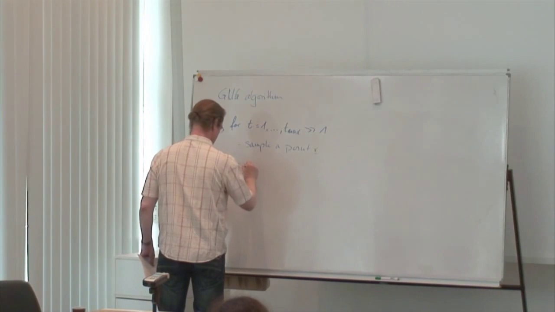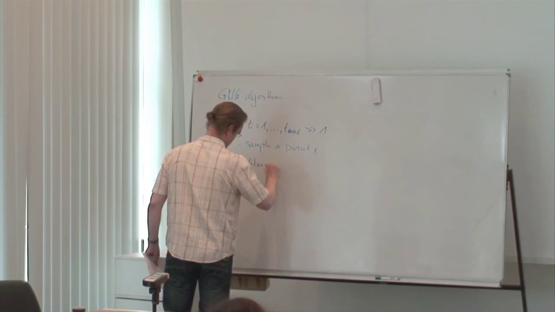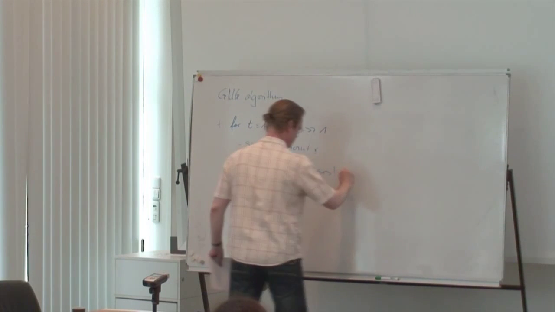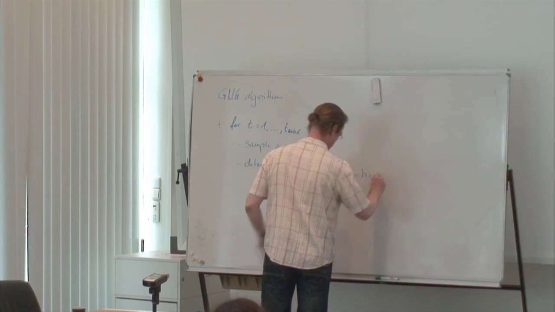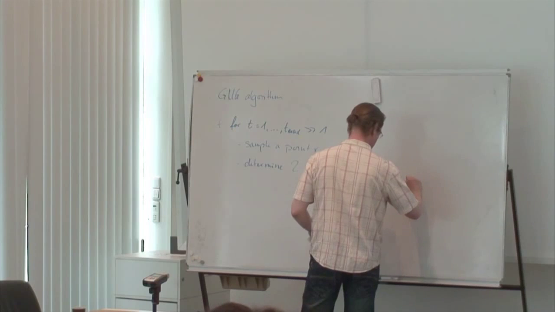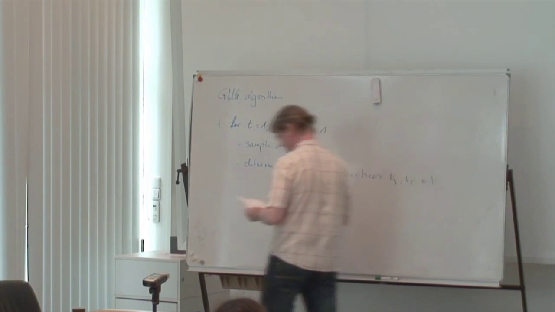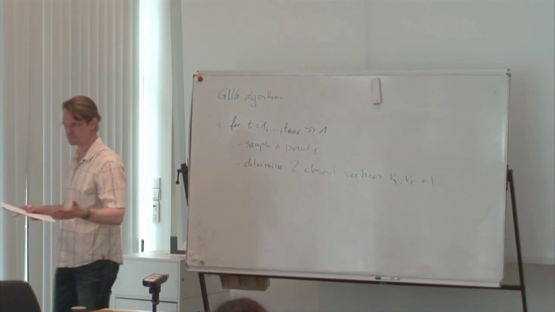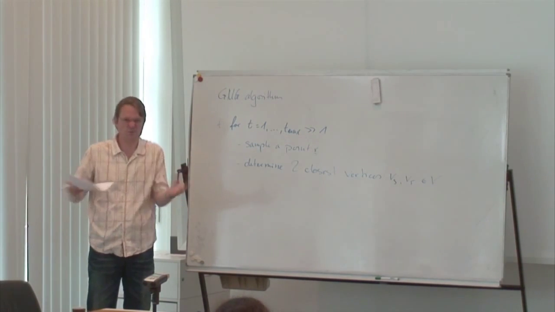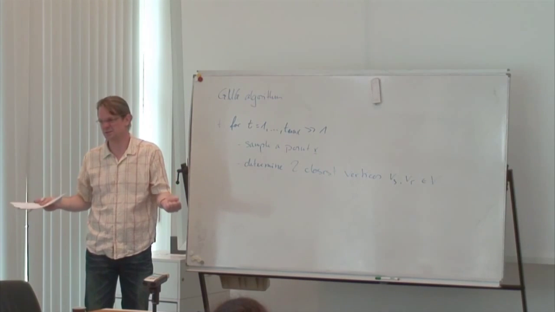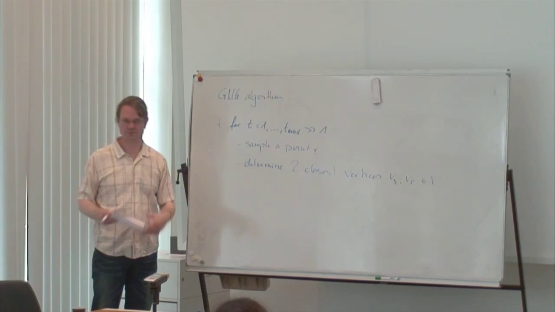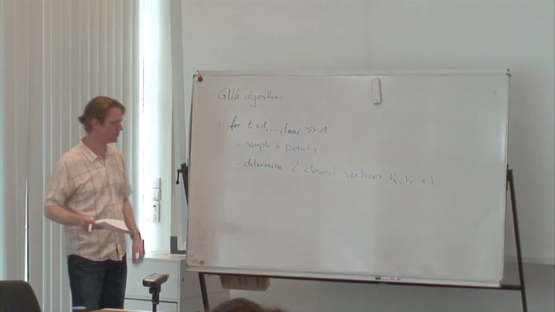We determine the 2 closest vertices, say Vs and Vr in the current set of vertices. Well, at the beginning we only have 2 vertices, so at the beginning the 2 closest will be the 2 we have, but over time vertices will be inserted into this graph, so over time we'll have to look for the 2 closest ones.